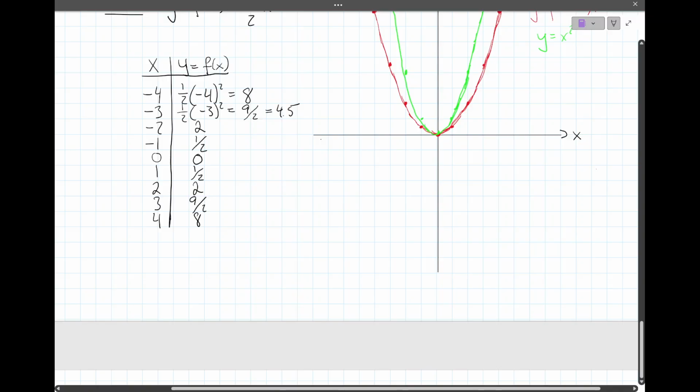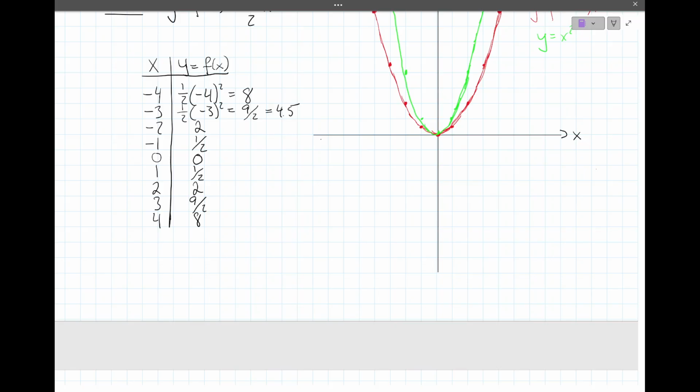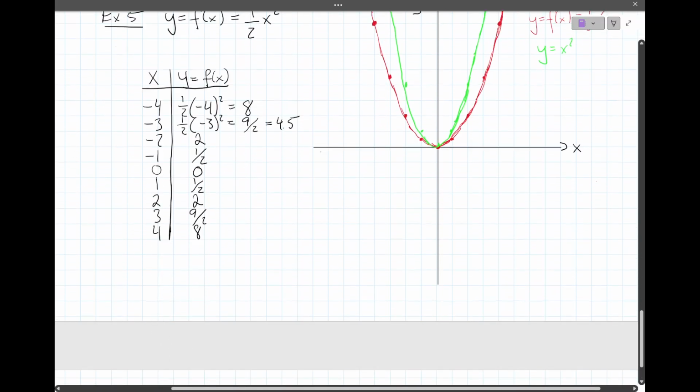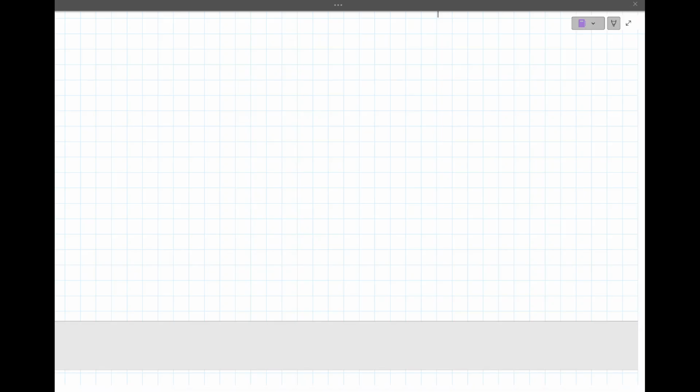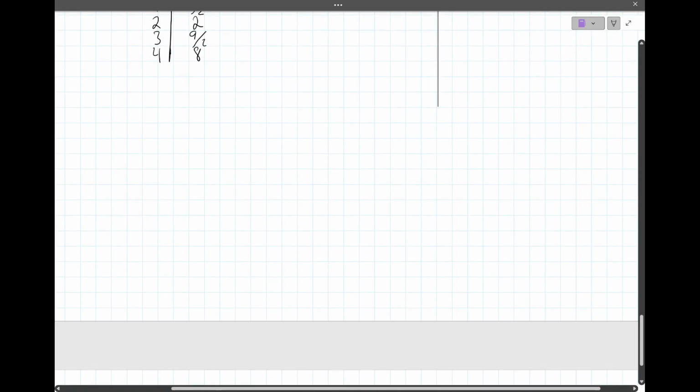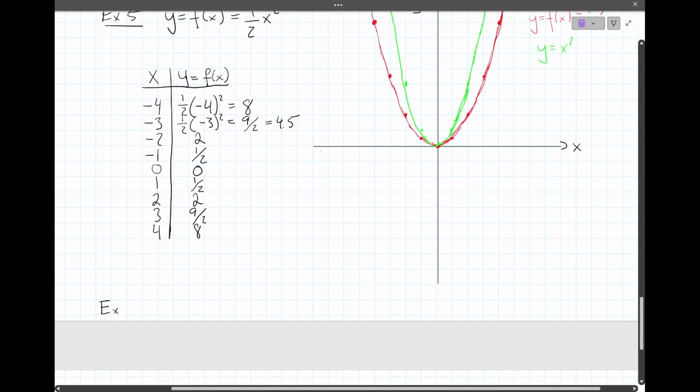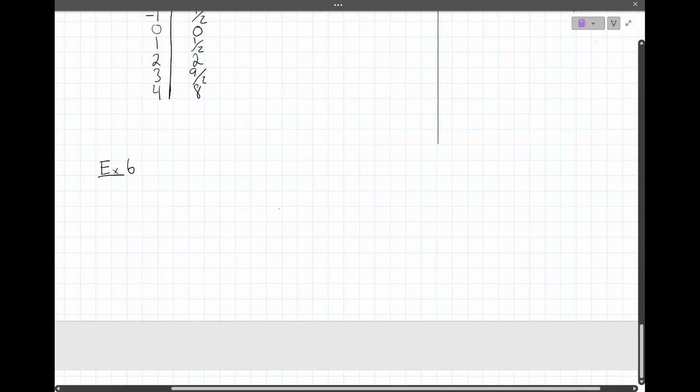Let's try, I don't need to see a negative at the moment. The negative 2x squared example works the same way. What I'd like to do, let's check the time on this. And we got time for one more example. This is example, I think that was example 5, so this will be example 6.